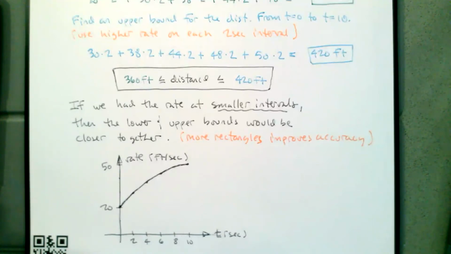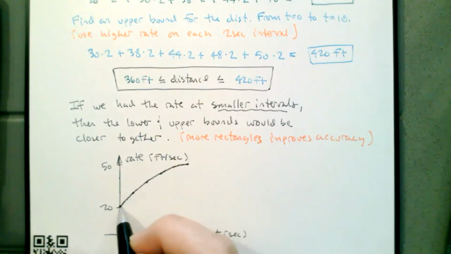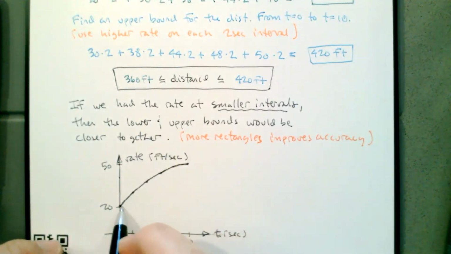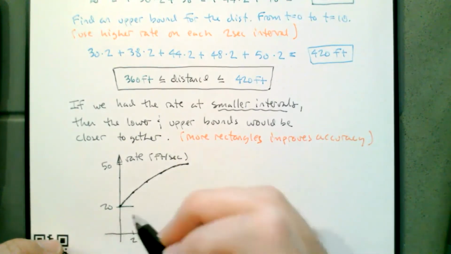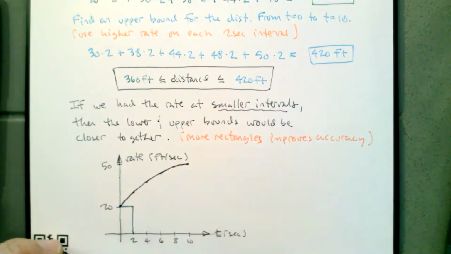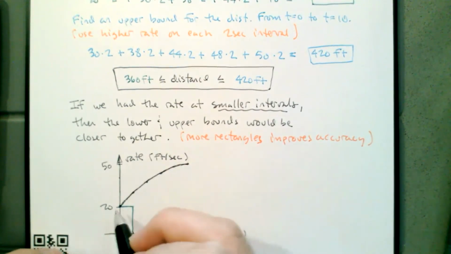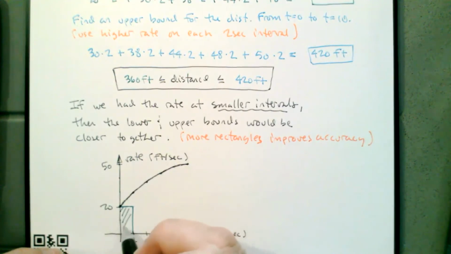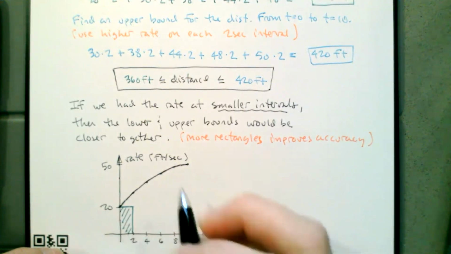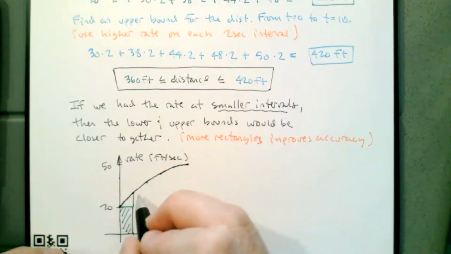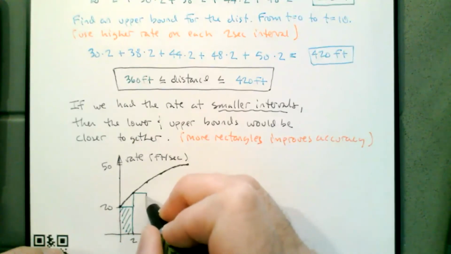Our lower bound, instead of increasing from 20 to 30, drew this rectangle for the first 2 seconds. For the next 2 seconds, we used the 30.